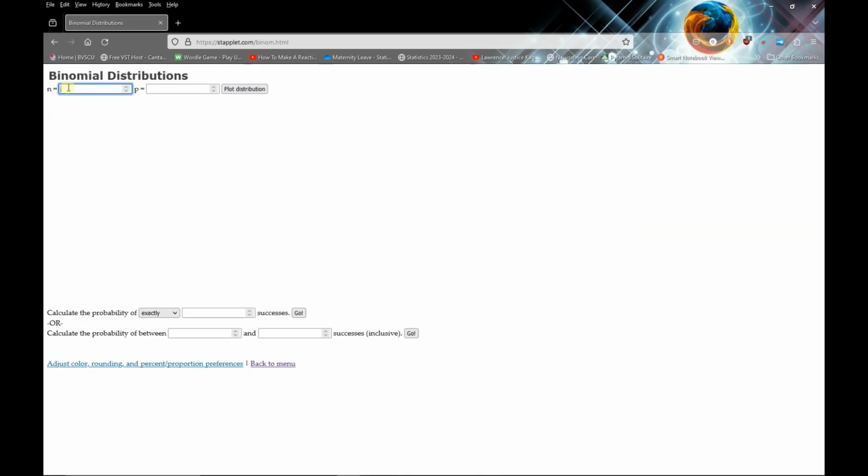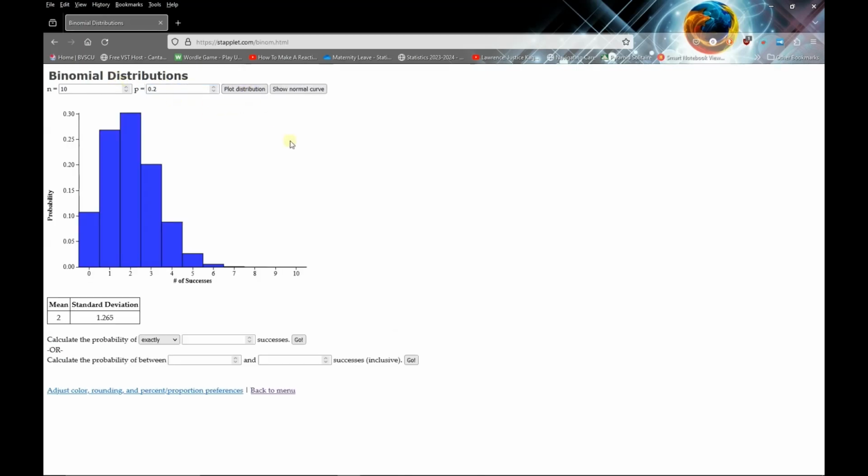In this case, n is going to be 10. And the probability of getting one right would be 0.2. And I guess I picked a comma here. Let's change that to a period. So 0.2. And let's just look at the distribution. There it is. It looks just like any old random variable probability distribution.